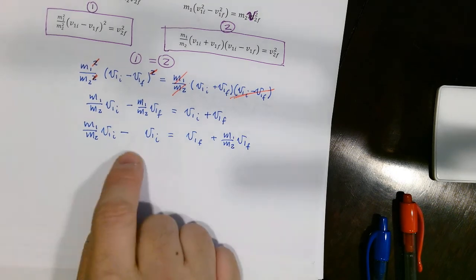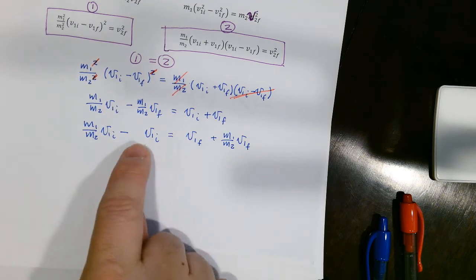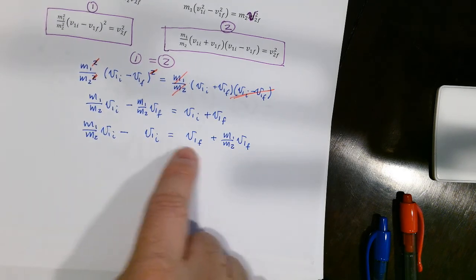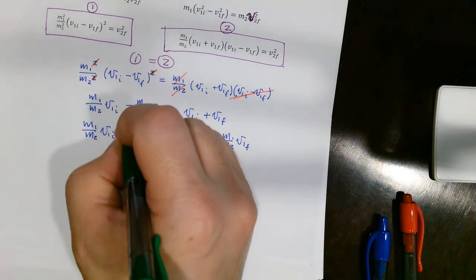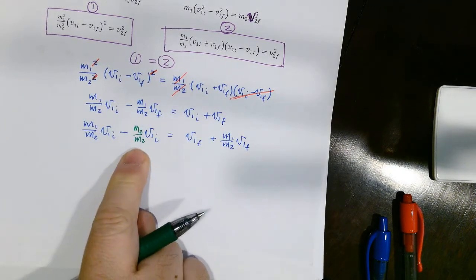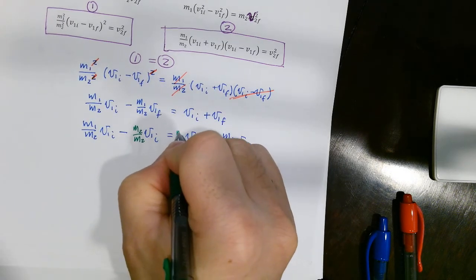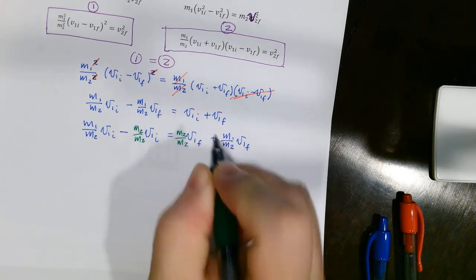Since these coefficients have m2 in the bottom, let's make these legit by multiplying by m2 over m2. I'm not really changing it, I'm just multiplying by 1. Same with this, m2 over m2.